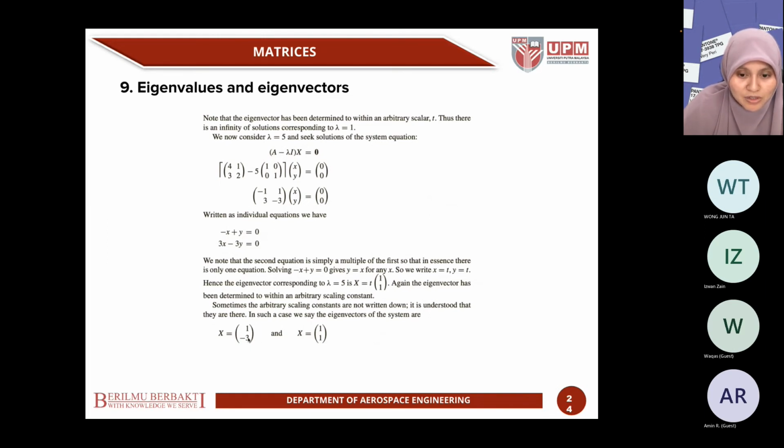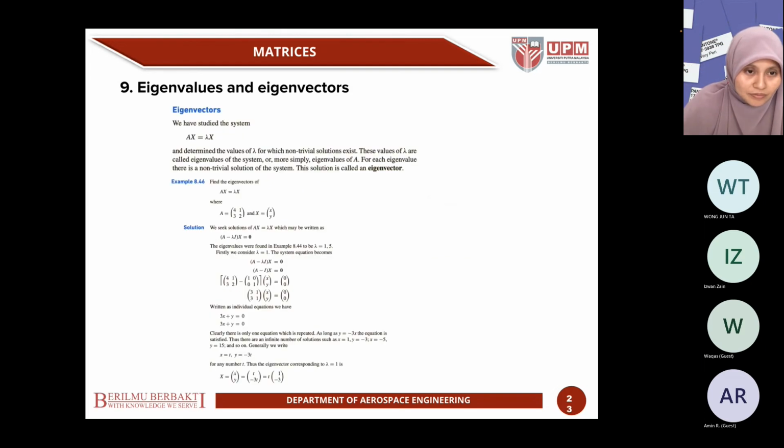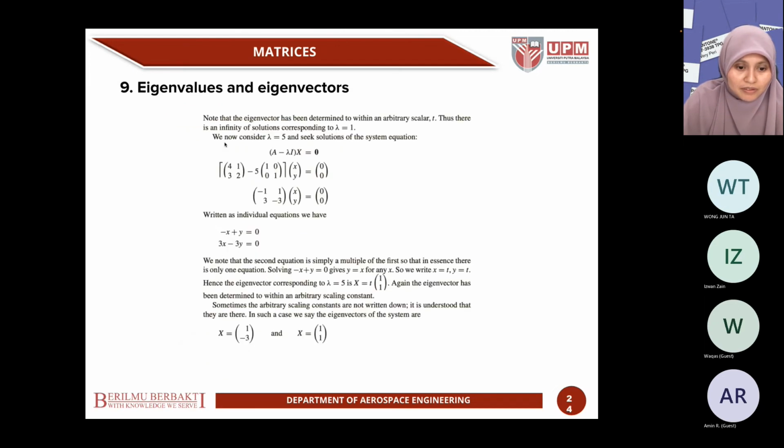So the final solution for the matrix, Ax equals lambda x, the eigenvectors for that matrix, are t(1, minus 3) and t(1, 1).